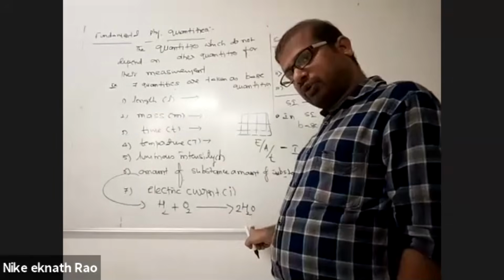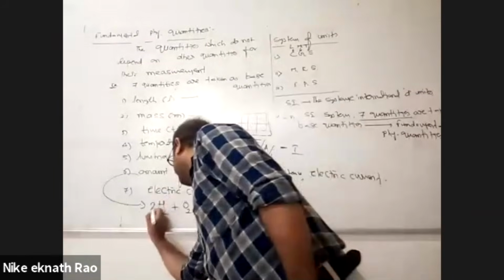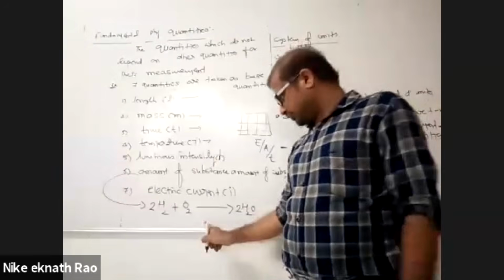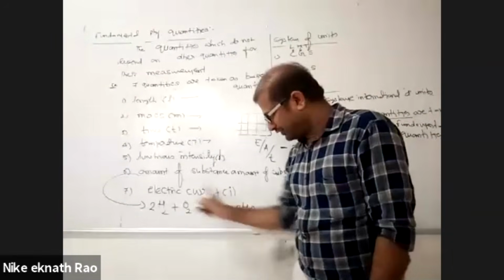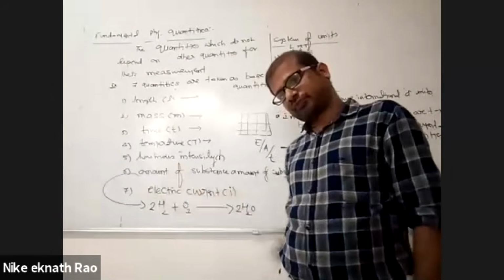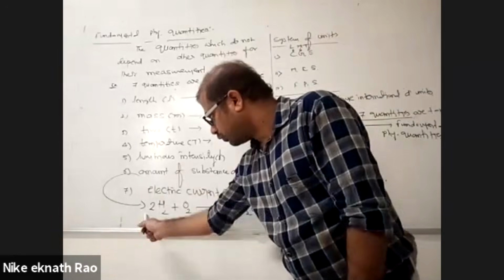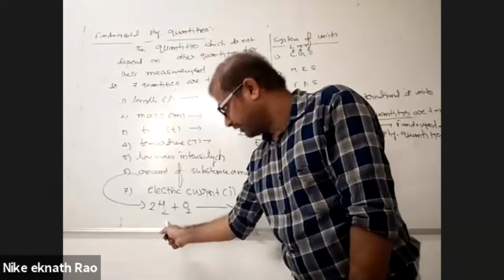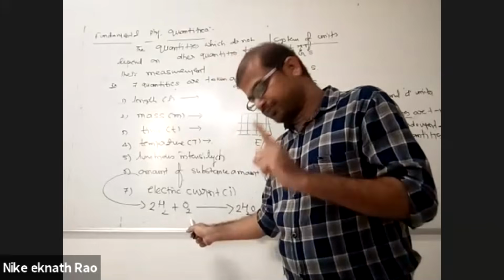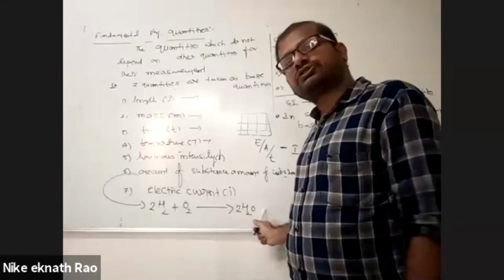So 2H2O: H2 plus O2 gives rise to 2H2O. But hydrogen now becomes 4 here, so make it 2 here. So 2H2 plus O2 gives rise to 2H2O. What is the physical meaning of this equation in chemistry? The physical meaning is that 2 moles of hydrogen react with 1 mole of oxygen to give rise to 2 moles of water.